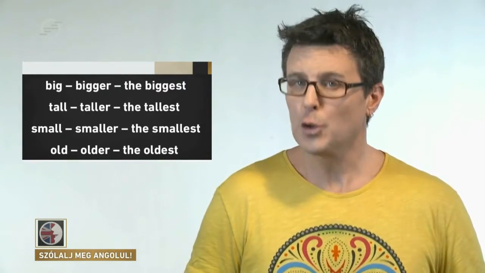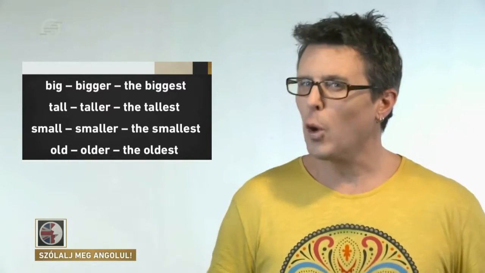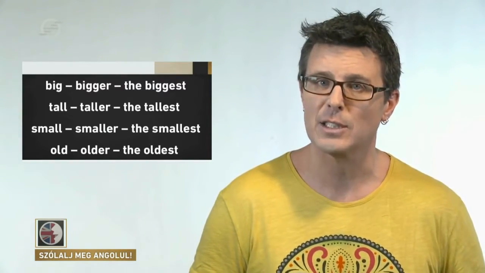So, big, tall, small and old are adjectives. Bigger, taller, smaller and older are the comparative forms of those adjectives. The biggest, the tallest, the smallest and the oldest are the superlative forms of those adjectives. All right now, we know that we make the comparative form of most adjectives by adding er to the end of the adjective.